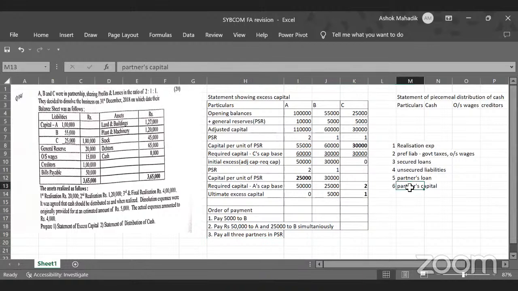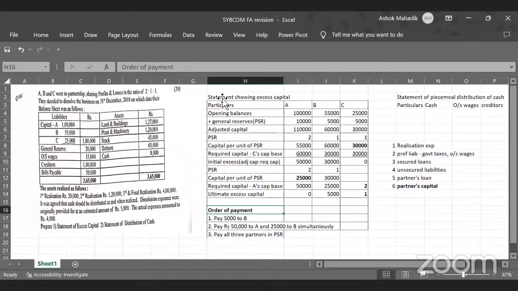You can see the 6th one, last one. For this one, this working note is there. This working note will carry at least 5 to 6 marks. Okay, I hope you have understood this. Don't forget to follow this order while paying the partners. If you want to take a screenshot, please do take it now.